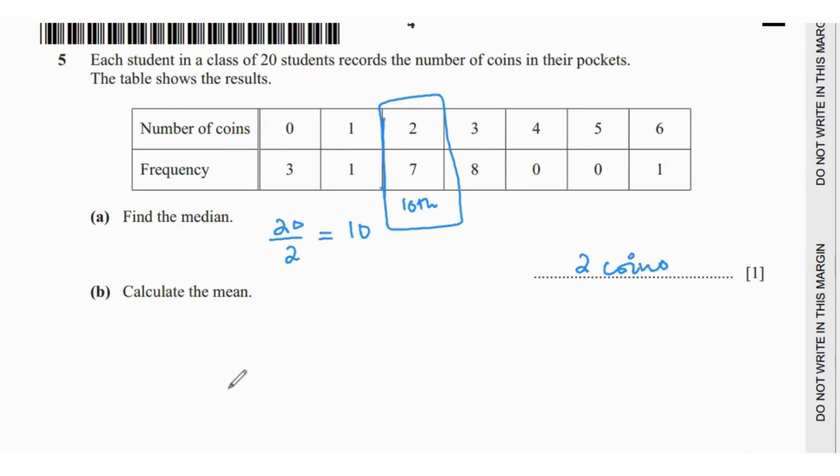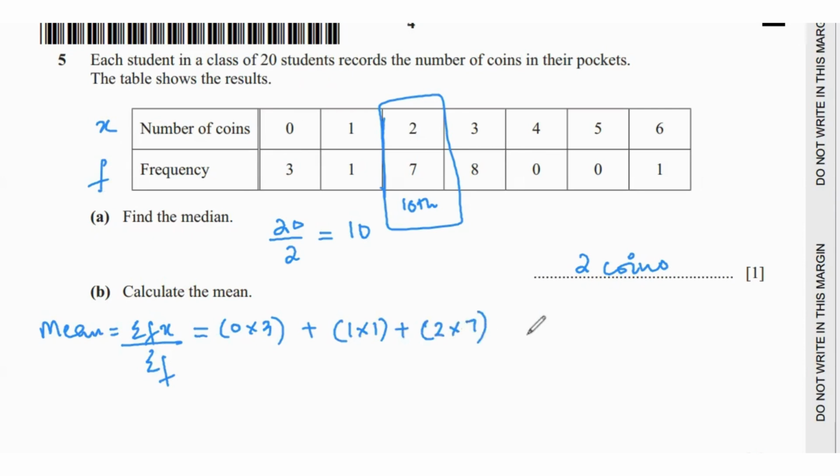Then it says calculate the mean. So for the mean, we use the formula sigma fx over sigma f. Sigma means sum. So it's going to be 0 times 3, multiplying the number of coins with the frequency, plus 1 times 1 plus 2 times 7 plus 3 times 8 plus 4 times 0 plus 5 times 0 and plus 6 times 1.